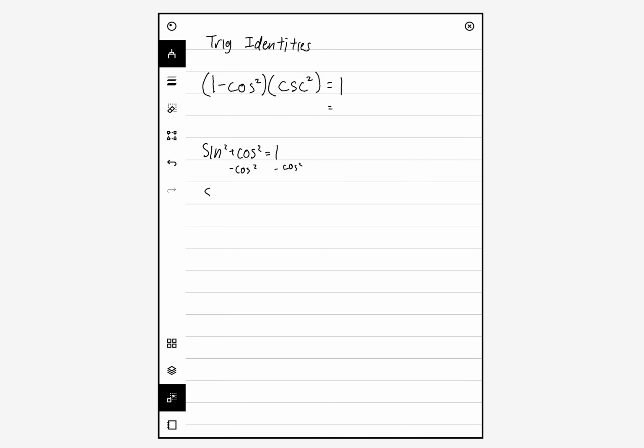And then I get sine squared is equal to 1 minus cosine squared. And hey, look, we have that. So I can change this for sine squared times cosecant squared. And then that's still going to be equal to 1.